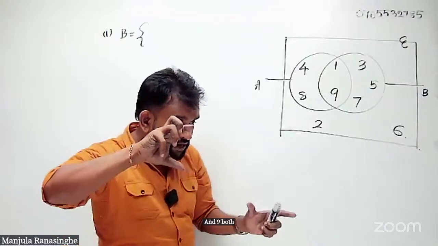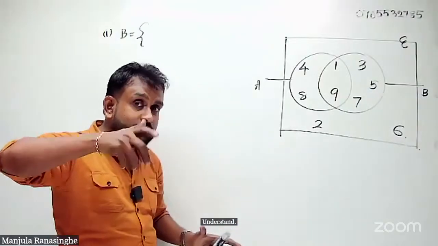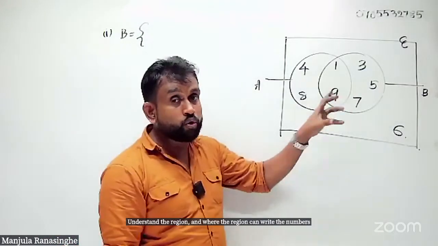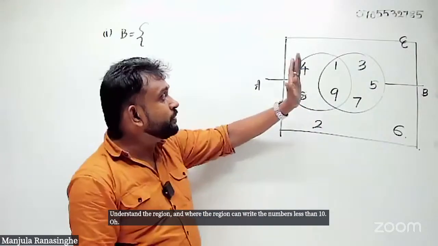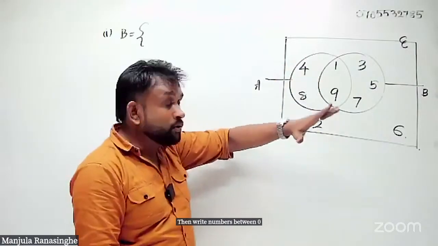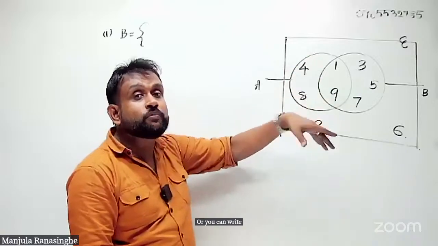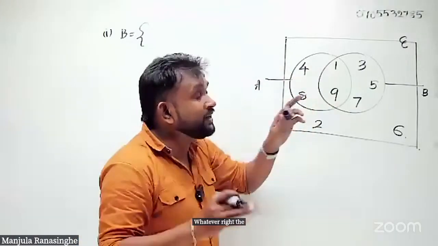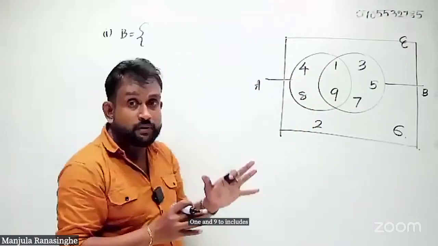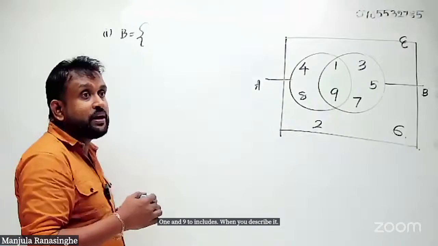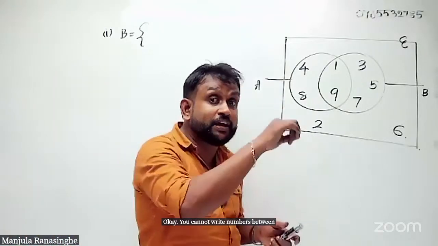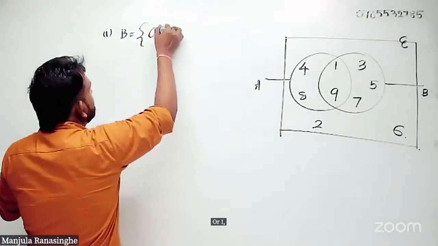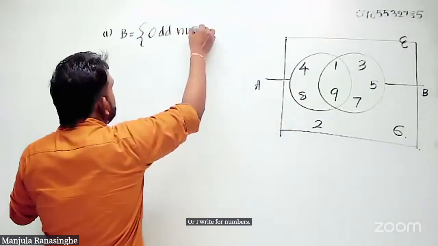Understand the region correctly. You can write odd numbers less than 10, or odd numbers between 0 and 10, or odd numbers from 1 to 10, whatever. The important part is that 1 and 9 are included when you describe it. You cannot write numbers between 1 and 9, then 1 cannot be taken. I write odd numbers from 1 to 10.